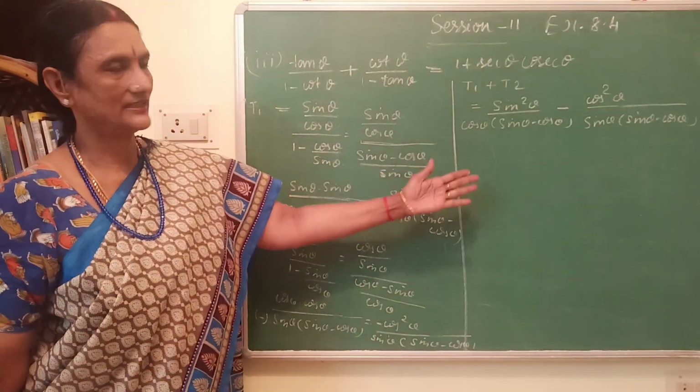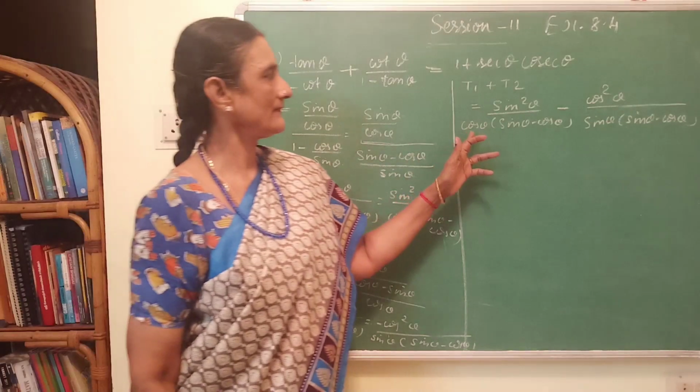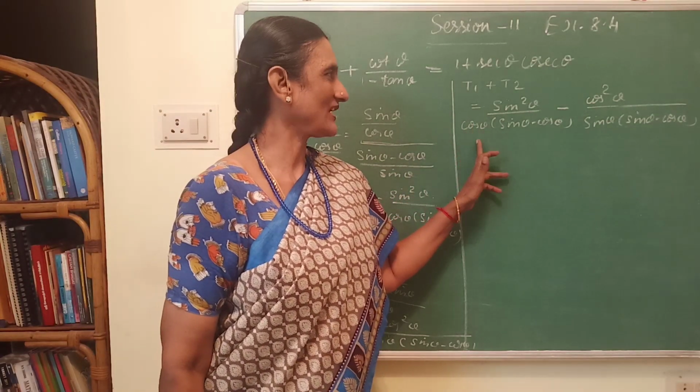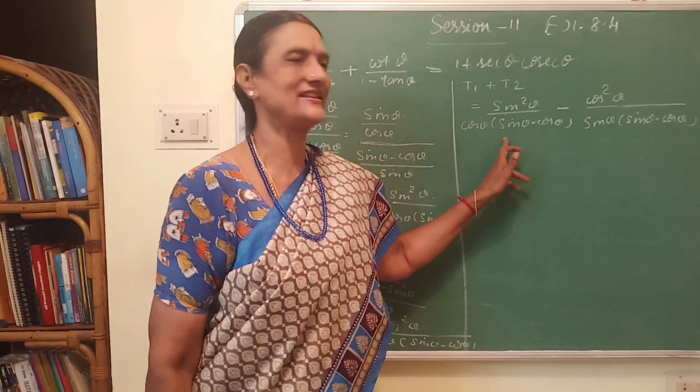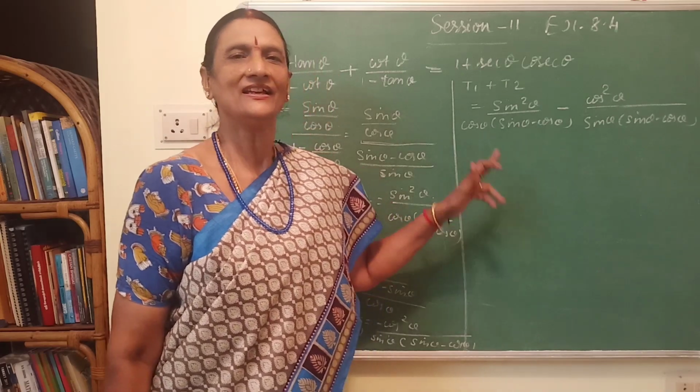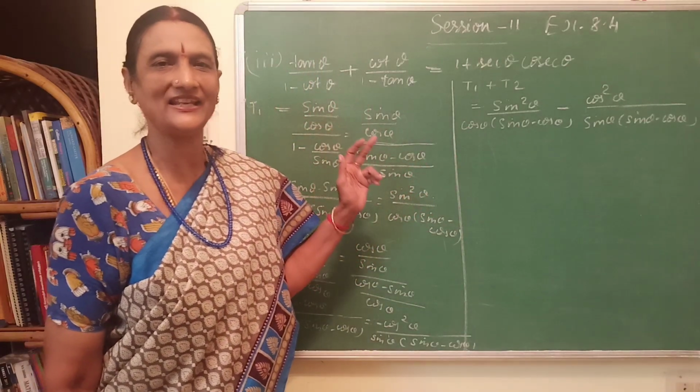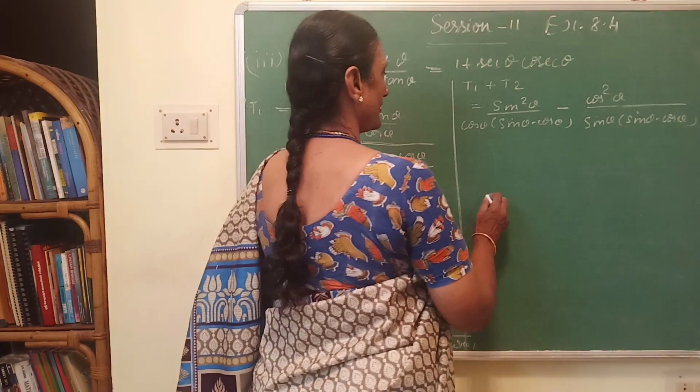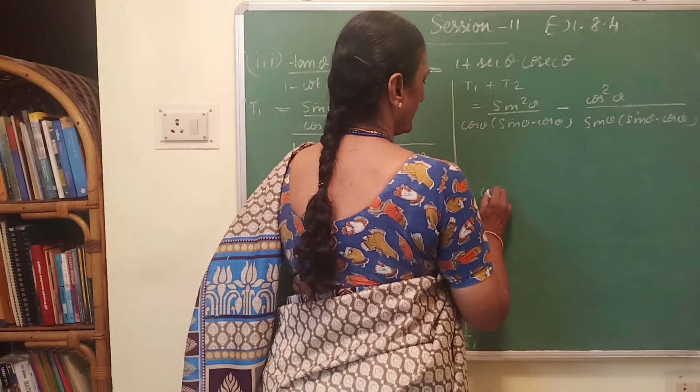Now look at the terms. What is the LCM, the common denominator? Cos theta sin theta into (sin theta minus cos theta) is the common denominator, or the LCM, of both the terms. So if I do so, what do I get?